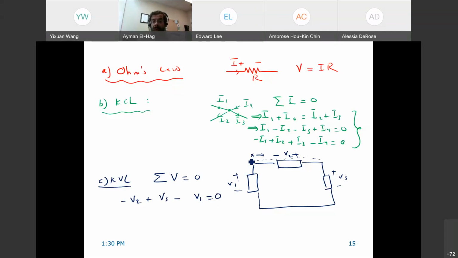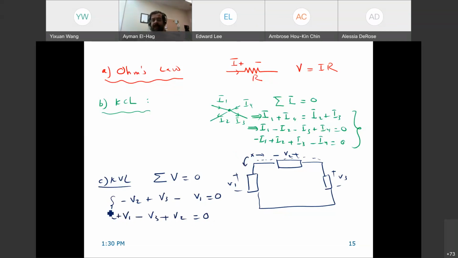Or you can go either clockwise or counterclockwise. So we can say here plus V1 minus V3 plus V2 equal to 0. So both of these two equations are the same. So you can go clockwise or counterclockwise.